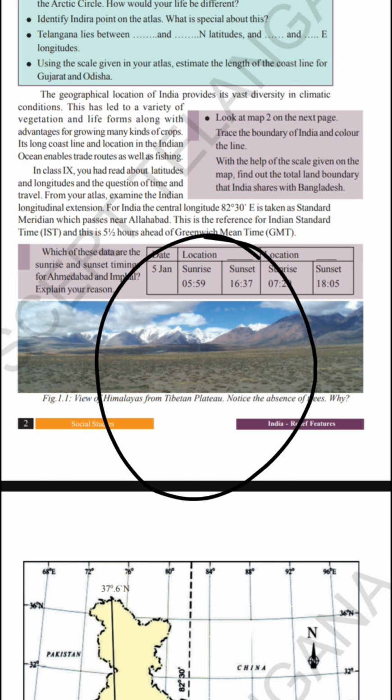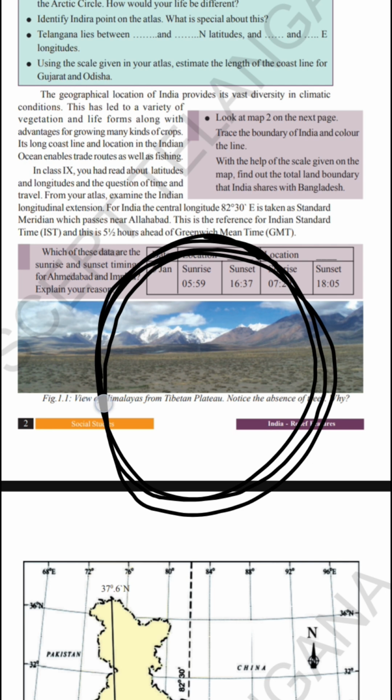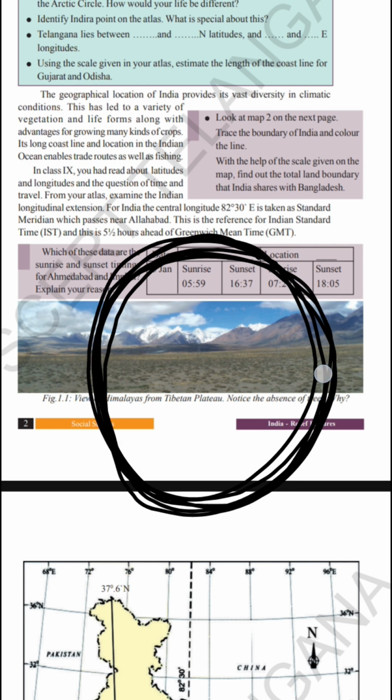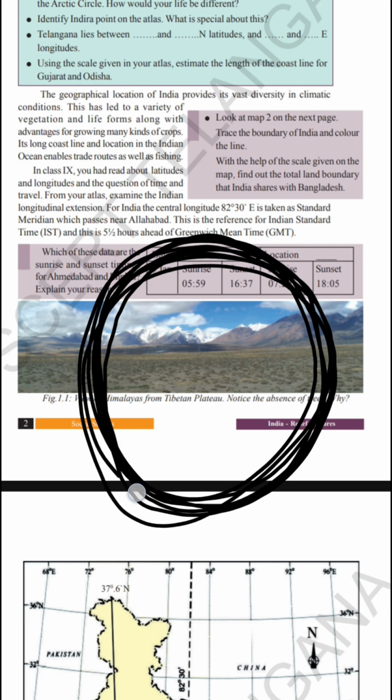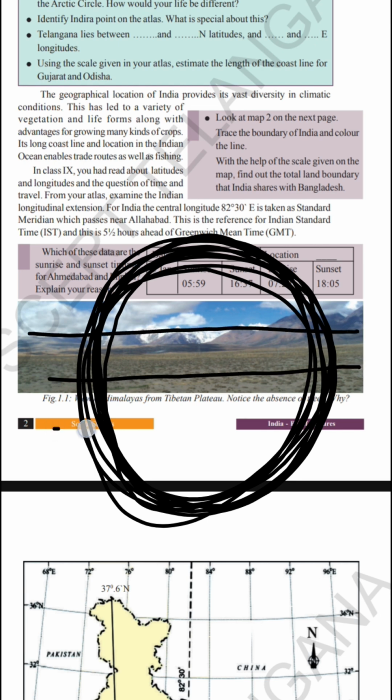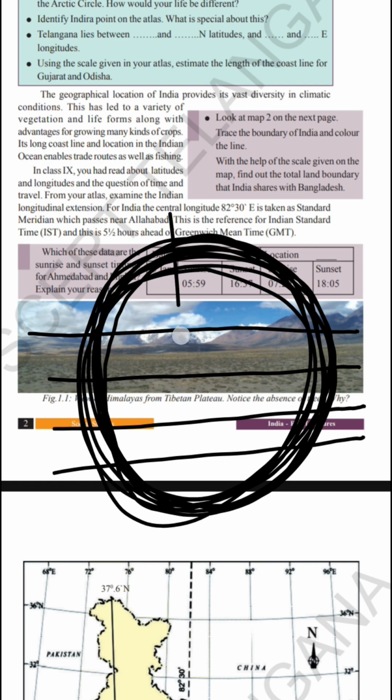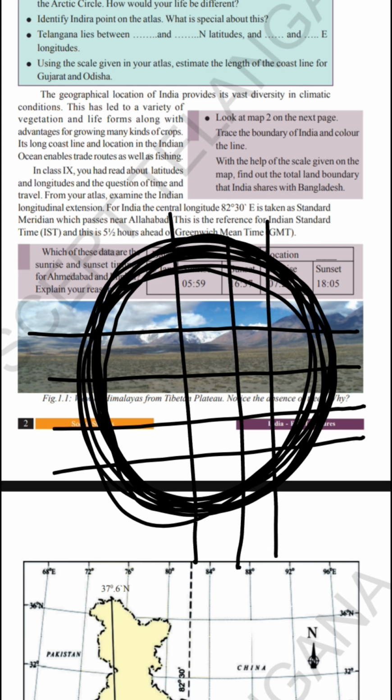What are latitudes and what are longitudes? Latitudes and longitudes are imaginary lines, horizontal to the earth.